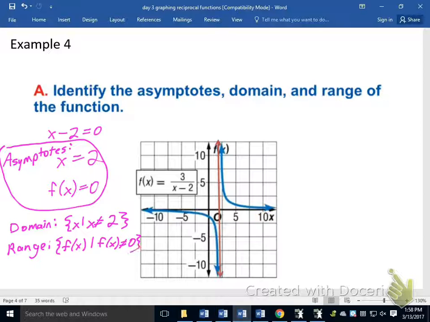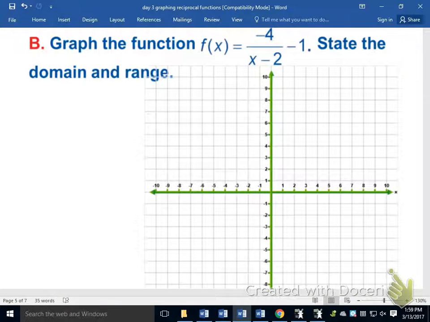This comes straight from what the asymptotes were. We could have any x value other than 2. It could be any negative value, or any value to the right of 2, it just can't equal 2. Similarly for the range, it can be above and below 0, it just can't be 0. So there are my asymptotes and my domain and range.